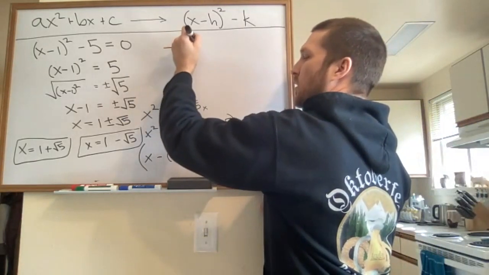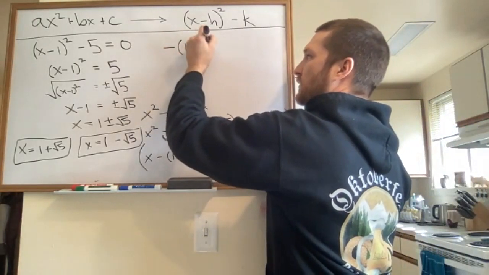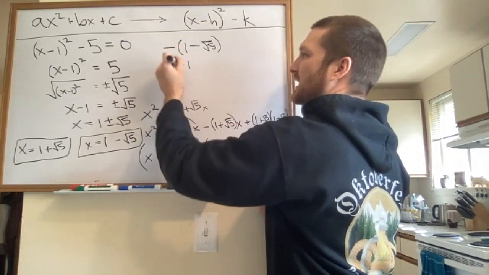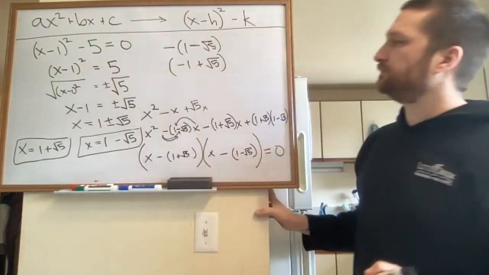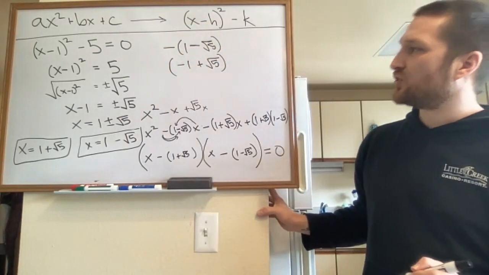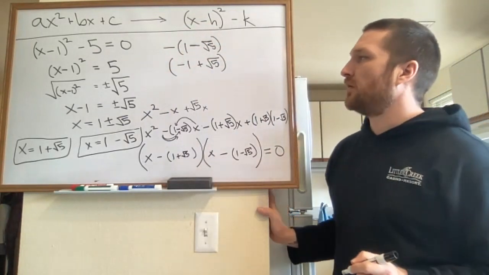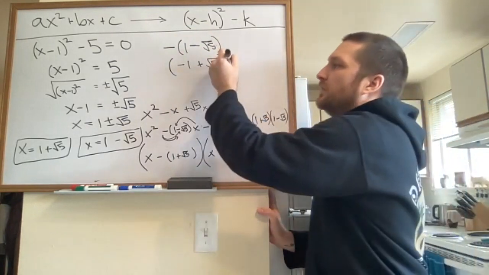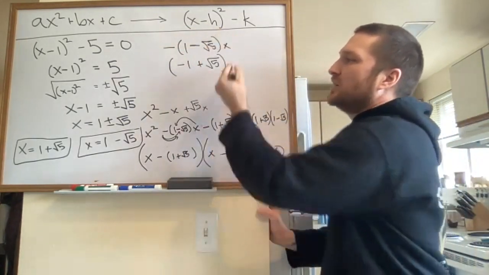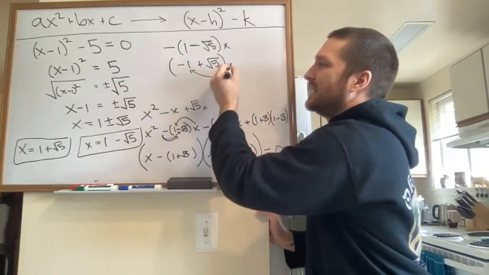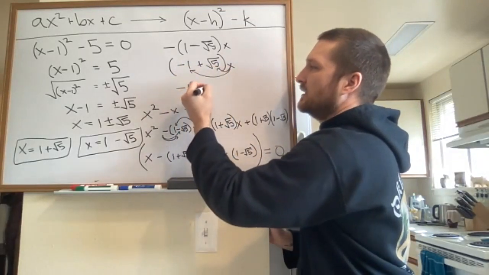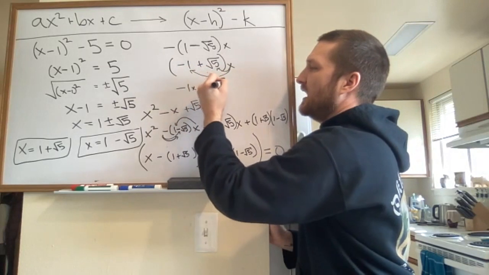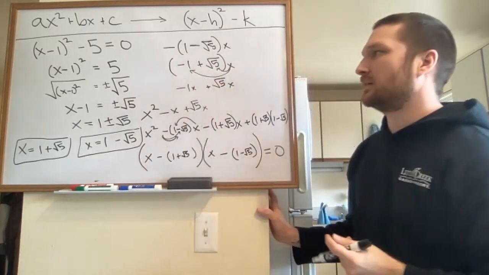So negative 1 minus square root 5 is the same thing as negative 1 plus square root 5, right? I just distribute the negative in there. And now there's an x on the outside, so I just distribute the x inside. And so that gives me a negative 1x plus square root of 5 times x.